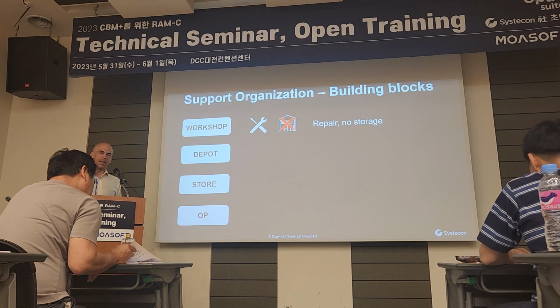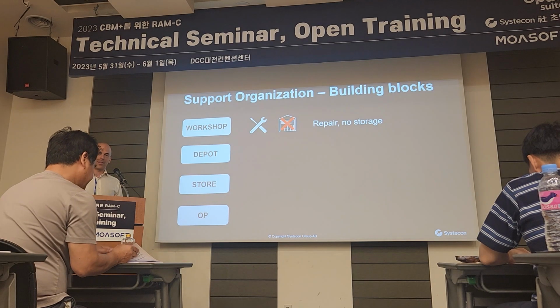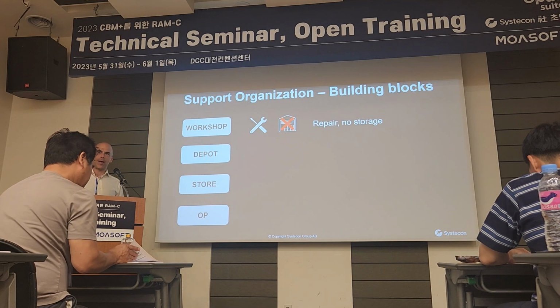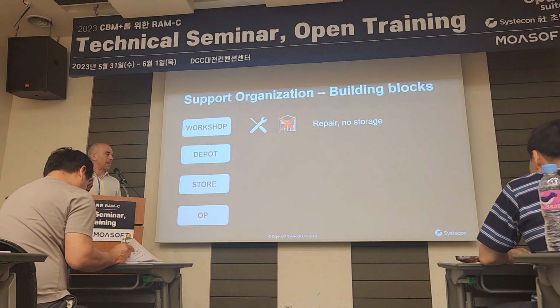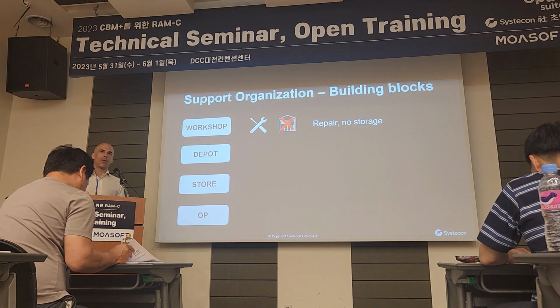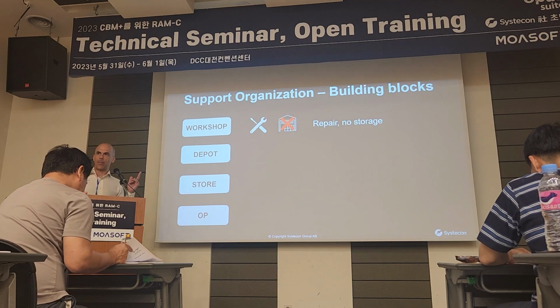So you could imagine that if you are an operator and you send an item away to be repaired and you receive it back, the entity that you send it to would typically be a workshop, because you as an operator are not interested in whether the workshop keeps any spare parts or not. From your perspective, the only thing that matters is how long it takes until I get it back, and how much does it cost?